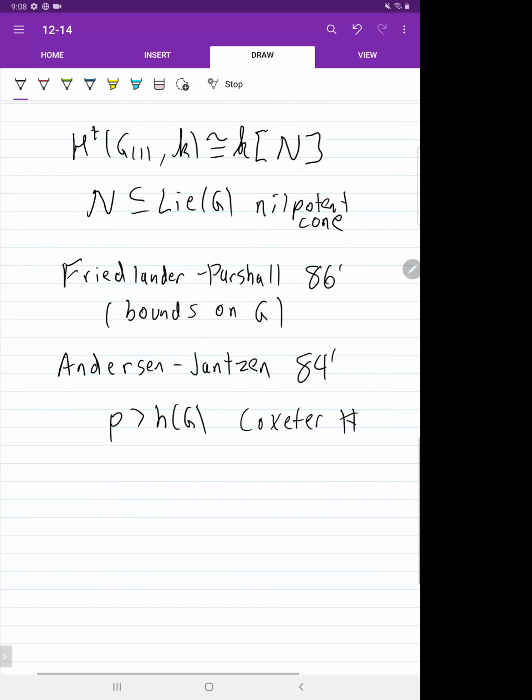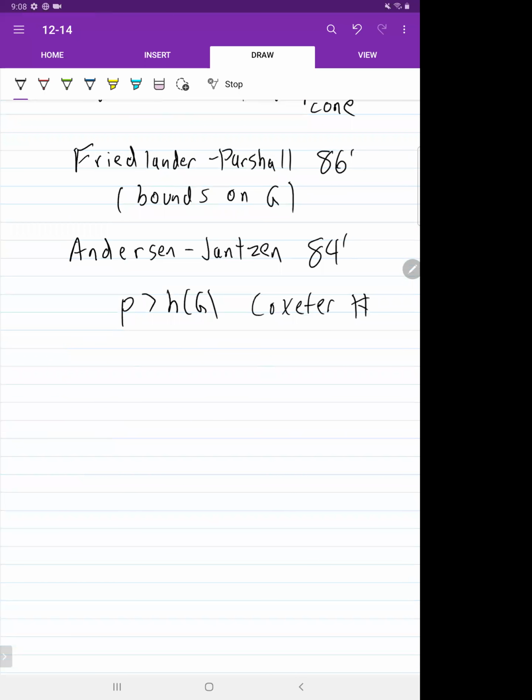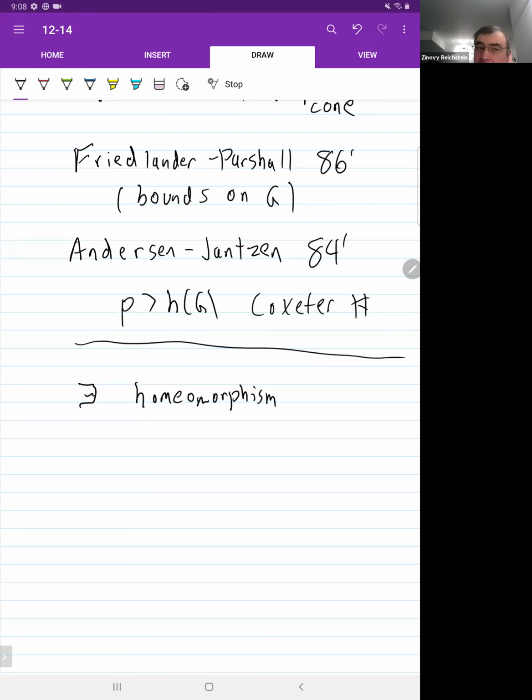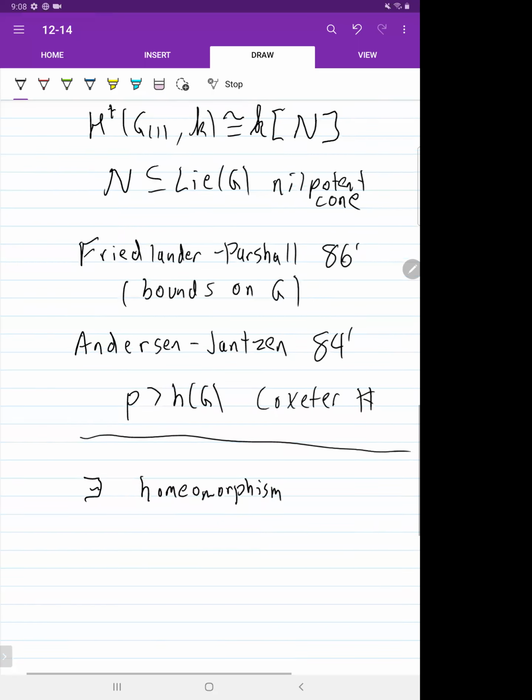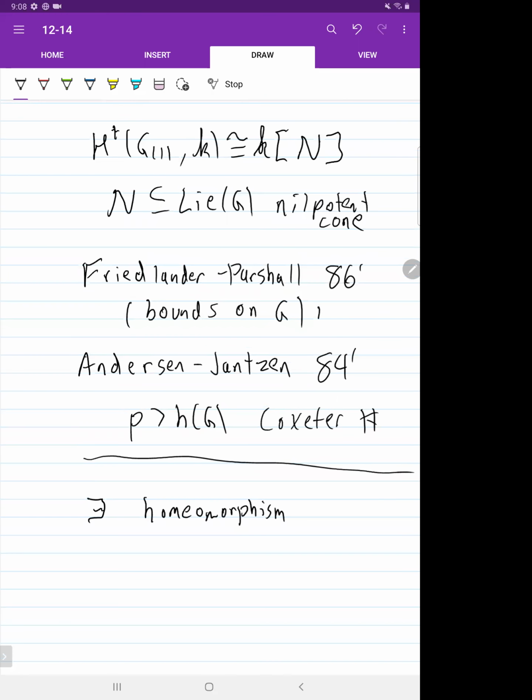And then more generally, we have that for the higher Frobenius kernels, there exists a homeomorphism. What do you mean by bounds on p? I think it's something like p is greater than 3 times the Coxeter number minus 2 or something like that.